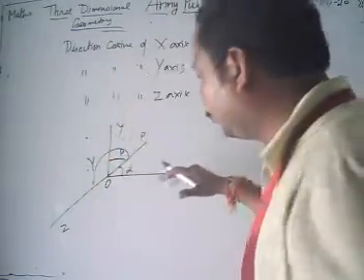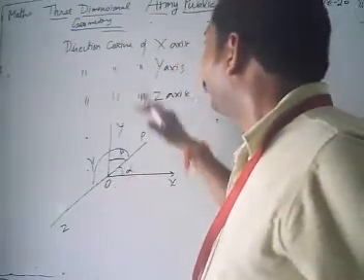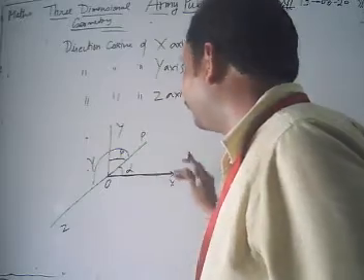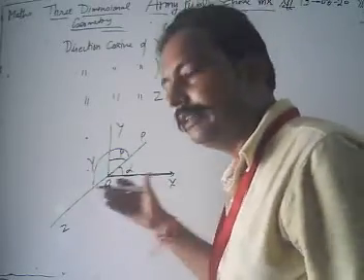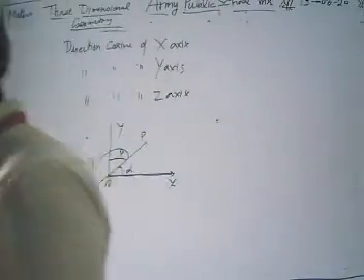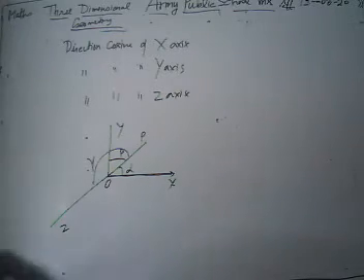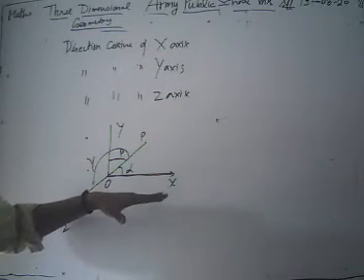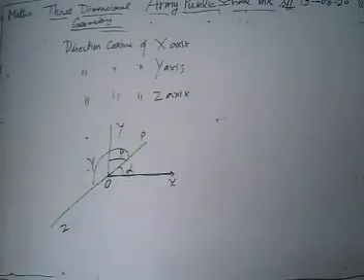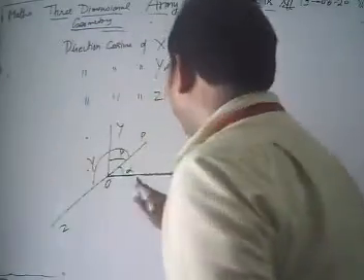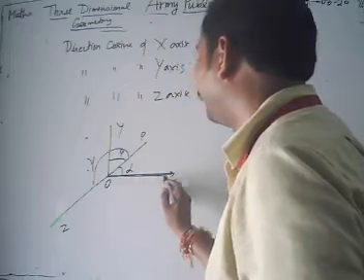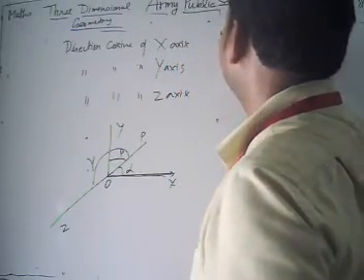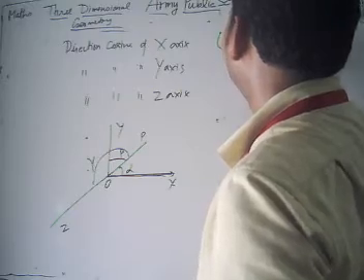When we find the direction cosines of the x-axis, what angle does the x-axis make with itself? Yes, it's 0. So the x-axis makes 0 degrees with itself, which means we have cos 0.